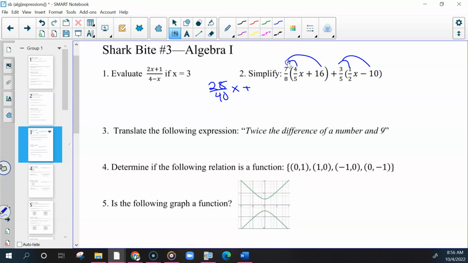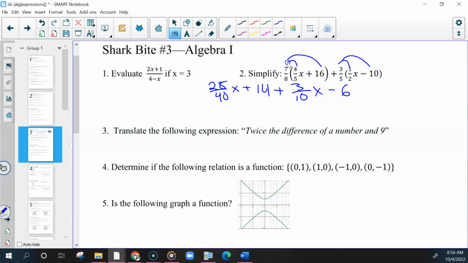Someone multiply that or tell me what they got for 7 over 8 times 16. 14. Say that again. 14. And then 3/10 x minus, that sounds right. Yeah.